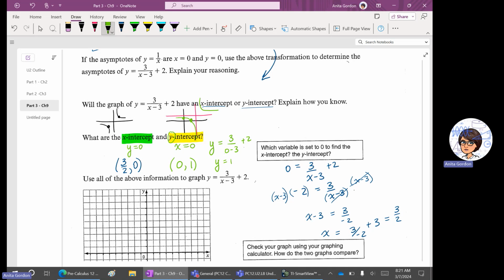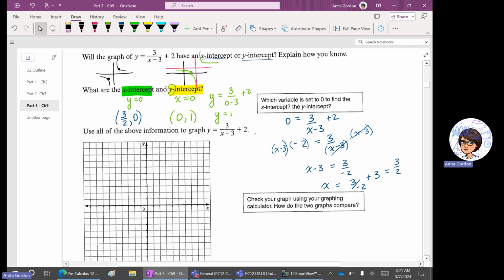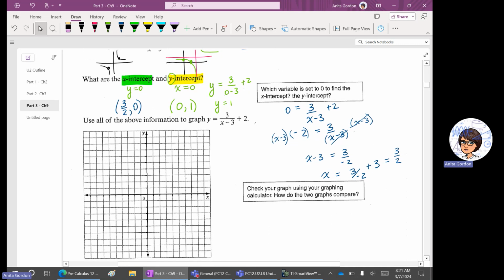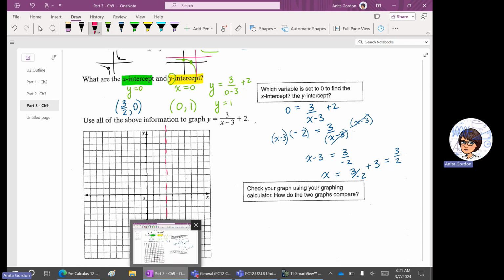Okay, so I know where my intercepts are. I know where my asymptotes are. So without doing a table of values, let's just do a rough sketch of what we think this is going to look like. We said that our vertical asymptote got shifted to the right 3, and our horizontal asymptote got shifted up 2.